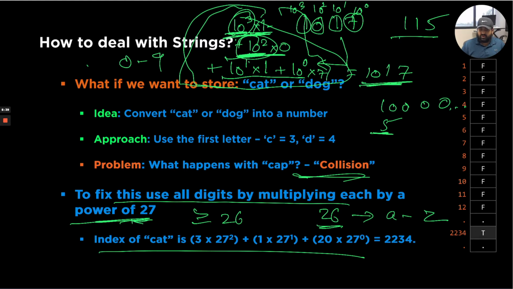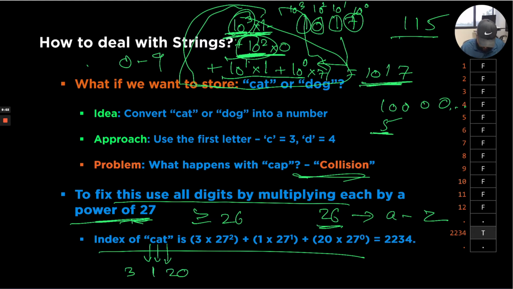I'm going to convert this string into a number. Each of the letters is first transformed into a value: C is 3 as per our previous definition, A is 1, and T is 20 by the same logic.